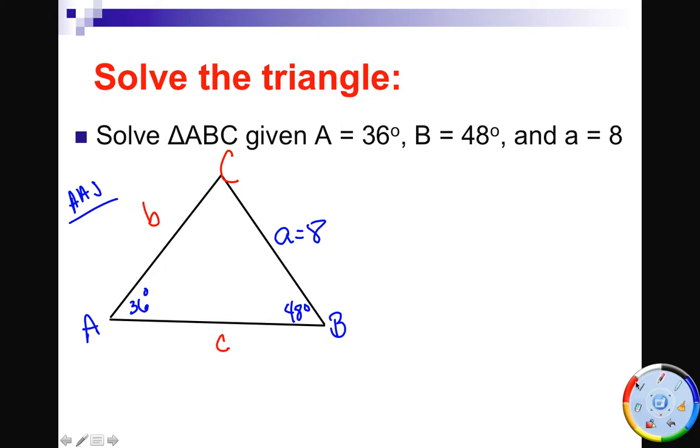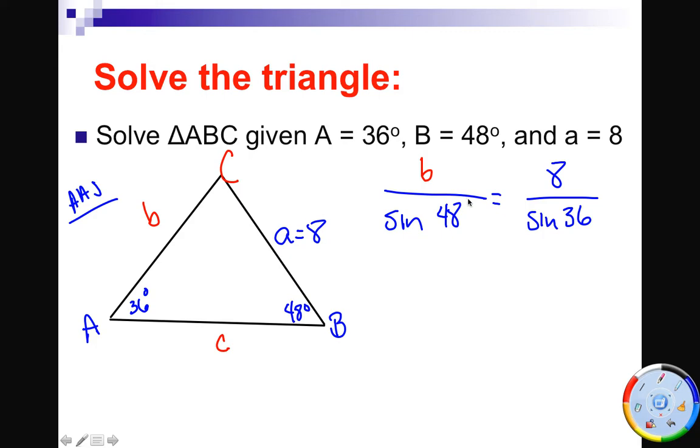If I'm solving for little b, I know that little b over the sine of 48 is going to equal little a over the sine of big A.